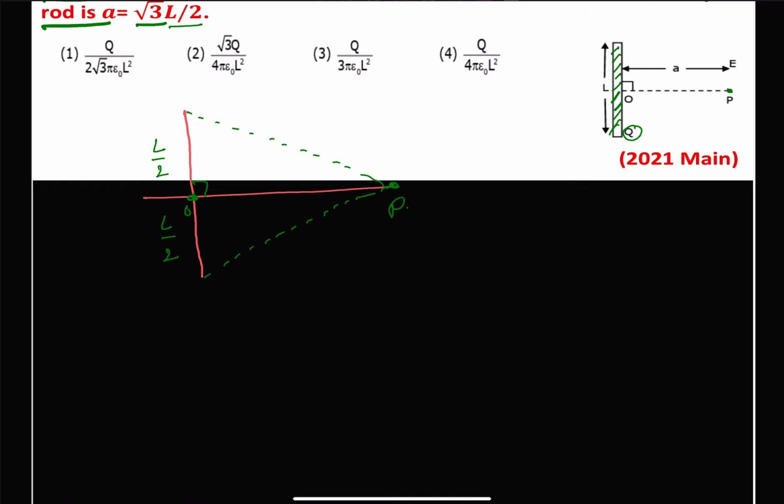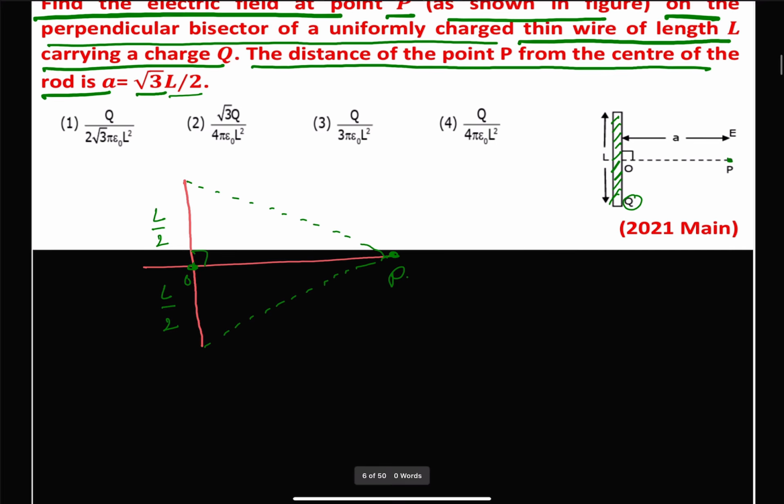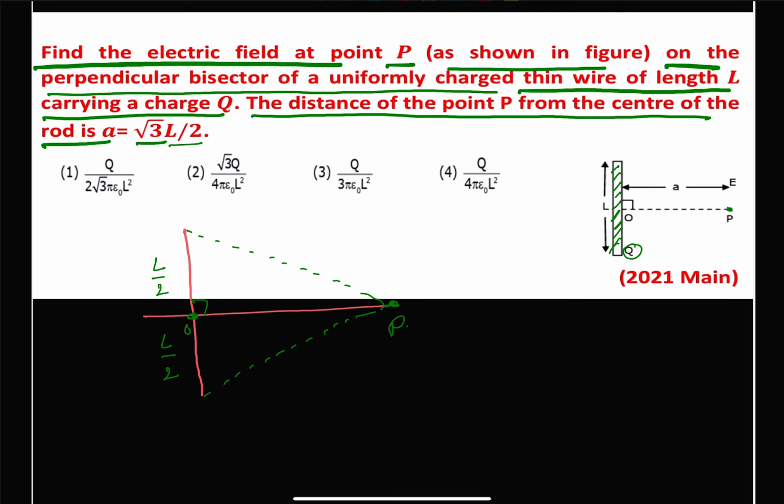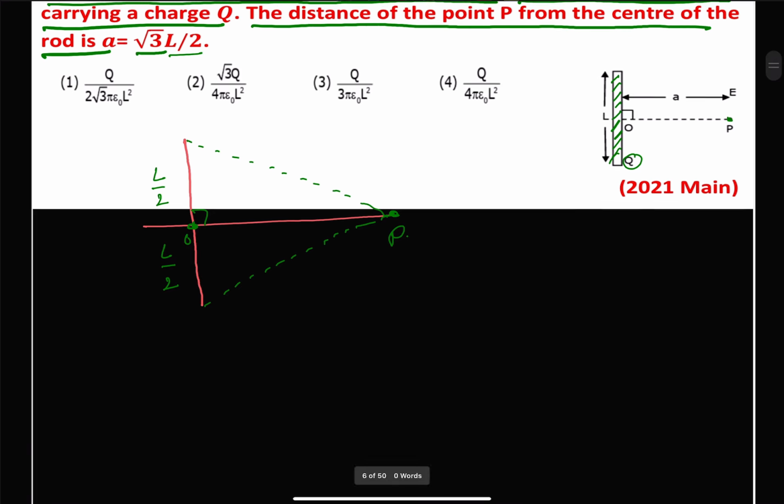This distance is given as A, which is square root of 3 L divided by 2.